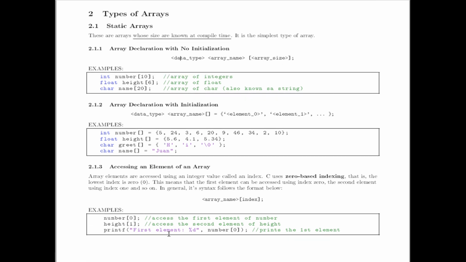So here are some examples. number[0] accesses the first element of the array number. height[1] will access the second element of the array height. And here, printf first element %d number[0] will print the first element of the array number.